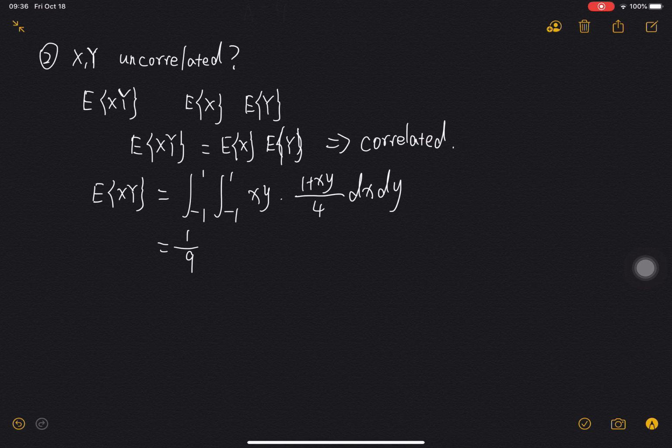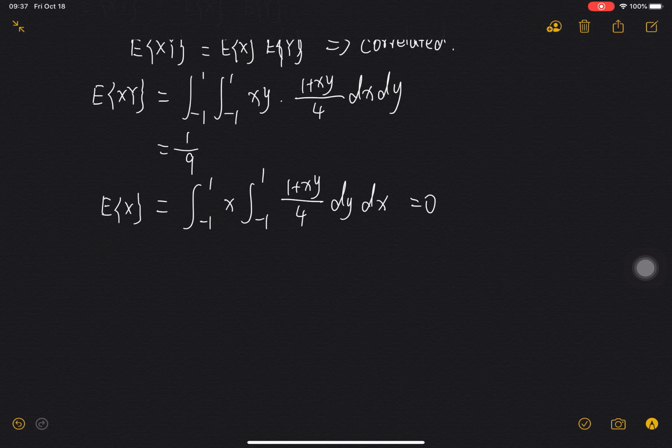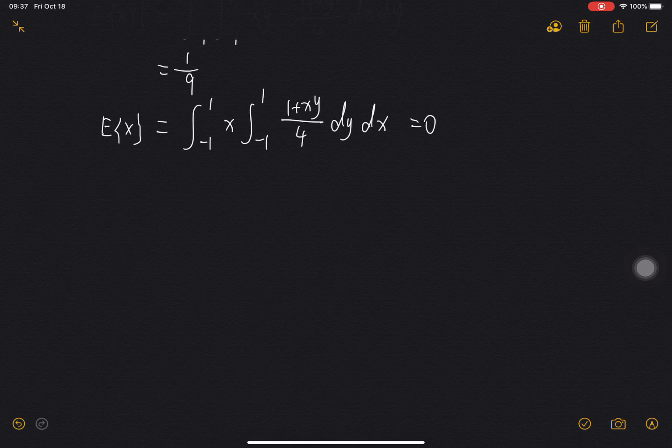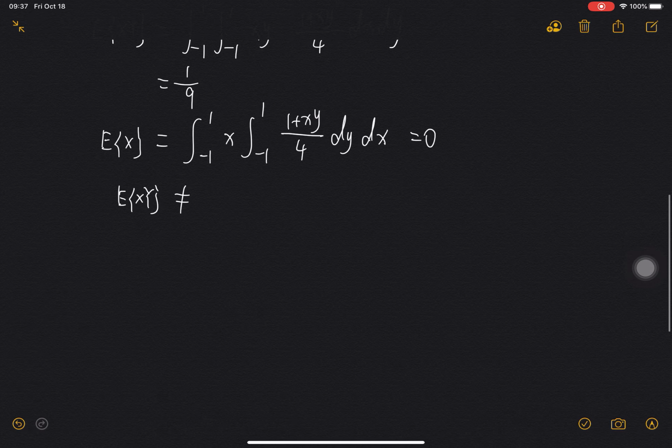And we know that this is 1 over 9, and the expectation of x equals x times the density function, we got 0, and it's obvious that the expectation of xy does not equal the expectation of x times the expectation of y, so they are uncorrelated.